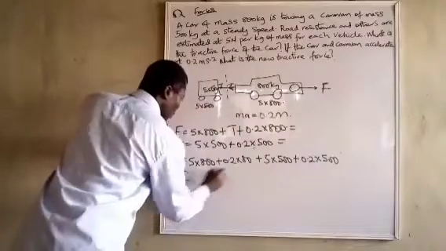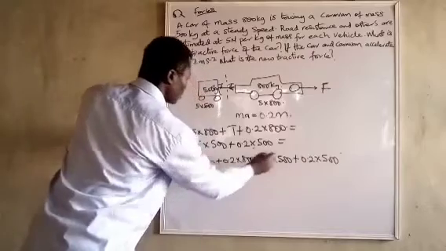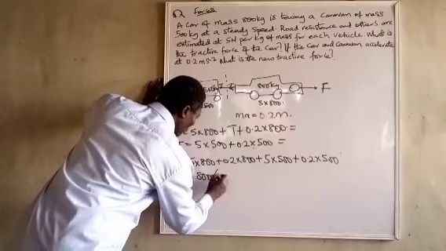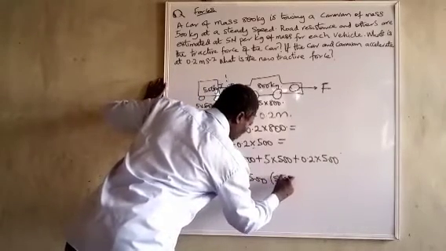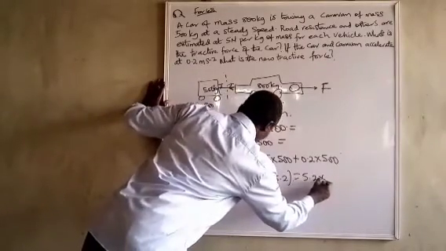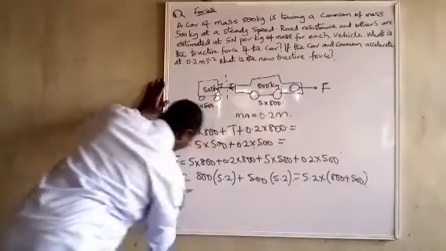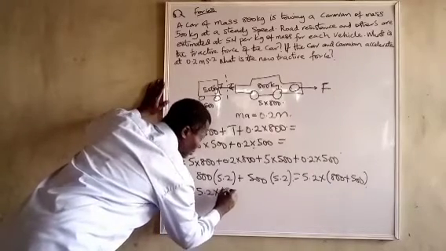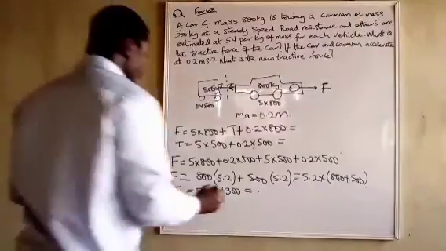If we just factorize this, F will be equal to 800 into 5.2 plus 500 into 5.2. So we have 5.2 times 800 plus 500. So F is equal to 5.2 times 1,300, and that will give us 6,720.